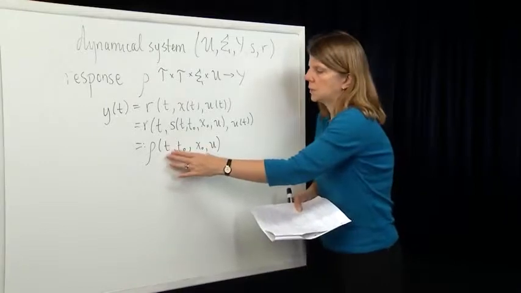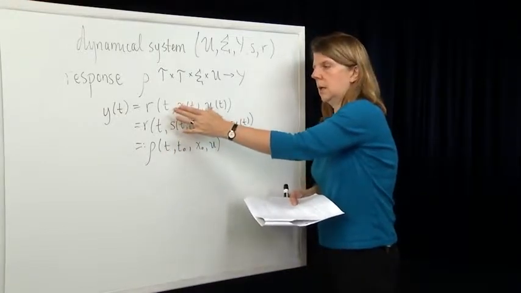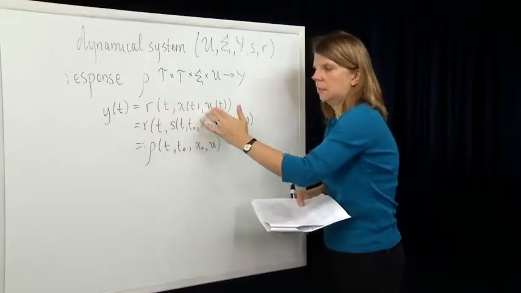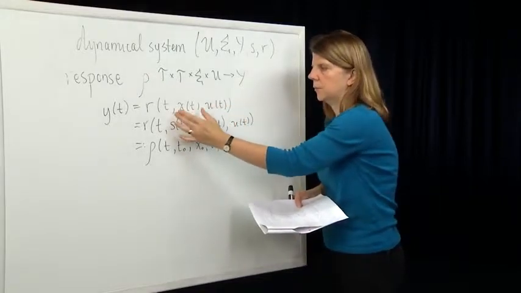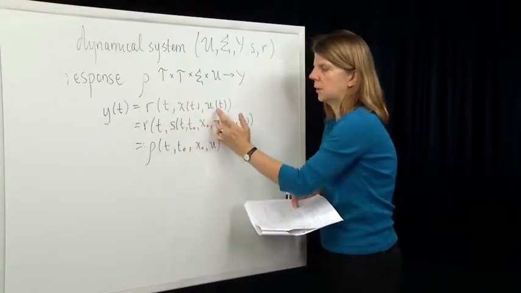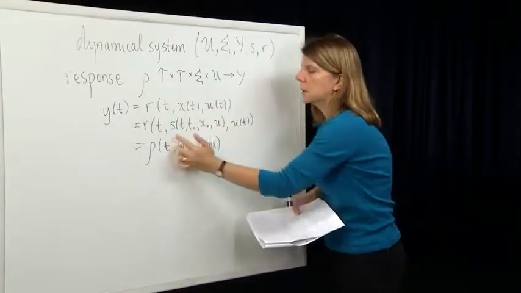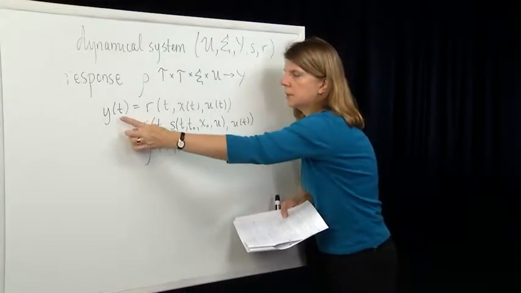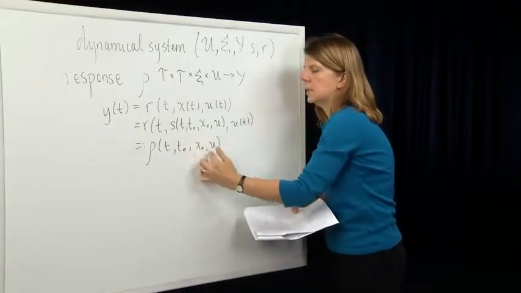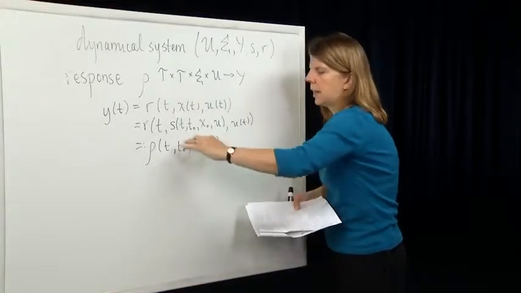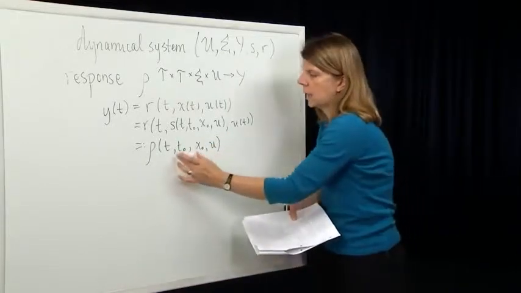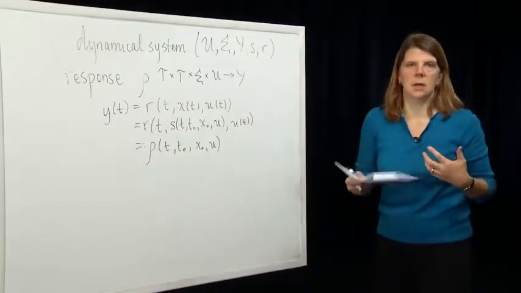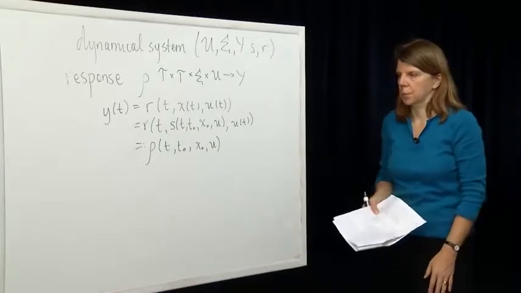So the response function, it's different from the readout map. Remember that the readout map is a static map from the current time, the state at the current time, and the input at the current time. The response function still gives us the output at the current time, but it tells us something about how that has evolved over the time interval that the system has been evolving over.